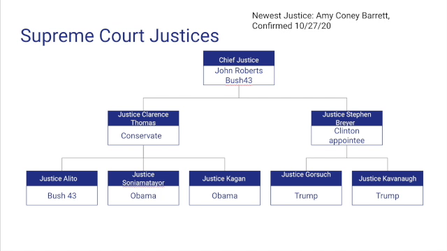Justice Hugo Black was a card-carrying member of the KKK, and was appointed to the Supreme Court. And he went on to become one of the most liberal justices in the history of the court.